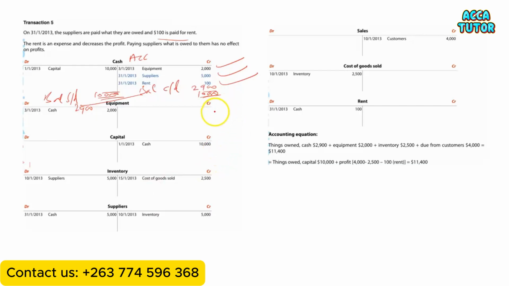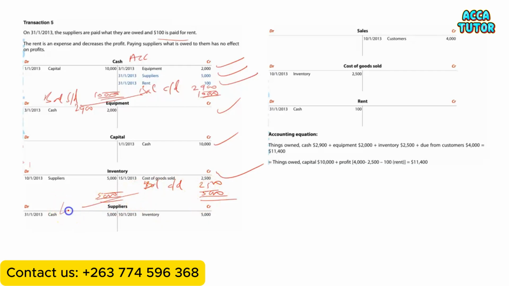The equipment and the capital are just the same there. On inventory, we can as well do the closing. If we do the closing, the 5,000 is the larger amount, so it should appear on both sides. So the balance c/d there should be 2,500.